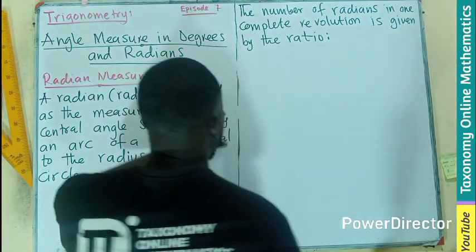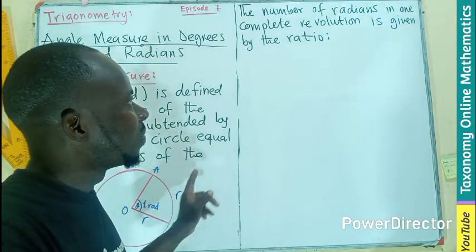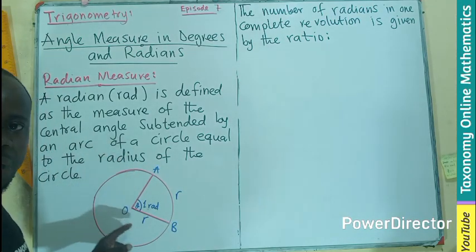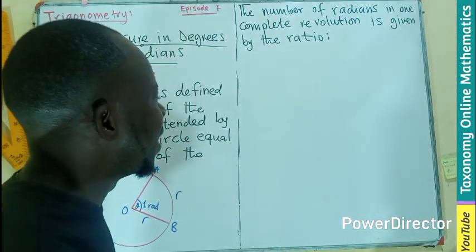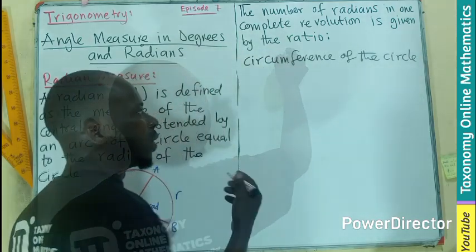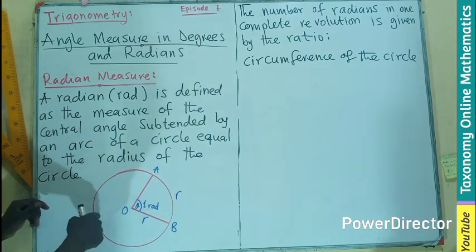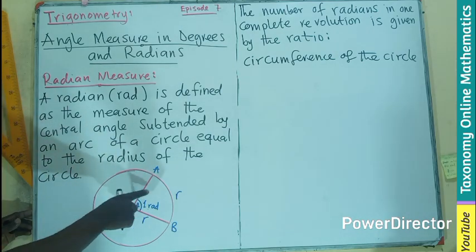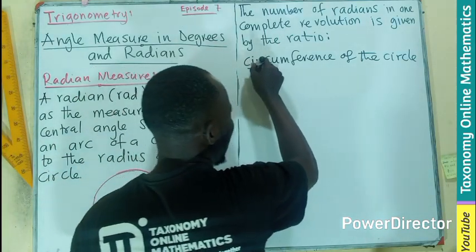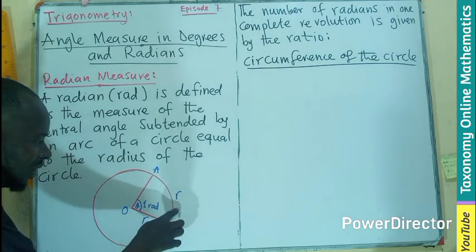So if I'm looking for the number of radians that I'll get if I divide the circumference in one complete revolution, meaning in a full turn, it is given by the ratio. We need to find the circumference of the circle, which I mentioned earlier on. If I'm dividing this into pieces, I'm dividing the circumference into the R. Good. Then it's a ratio, so we divide it by, what are we dividing? We are dividing the length here.